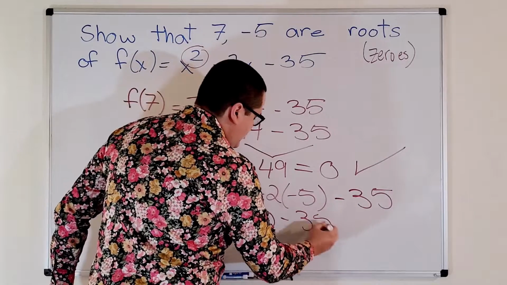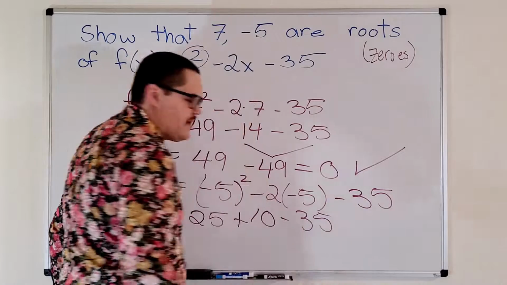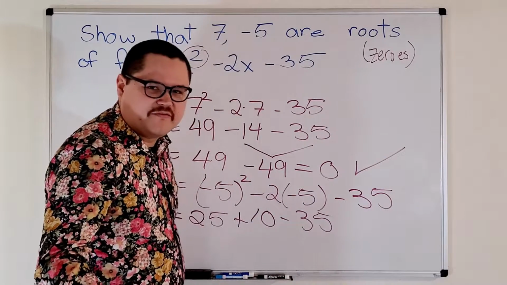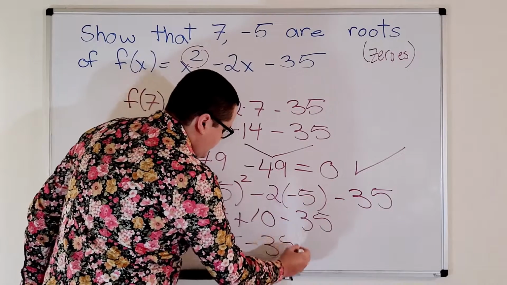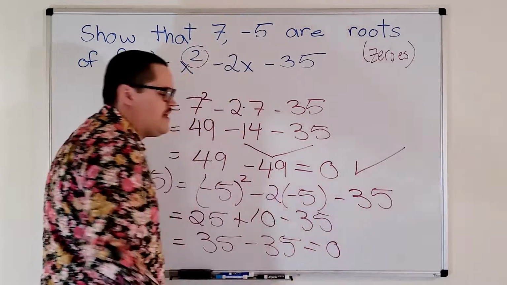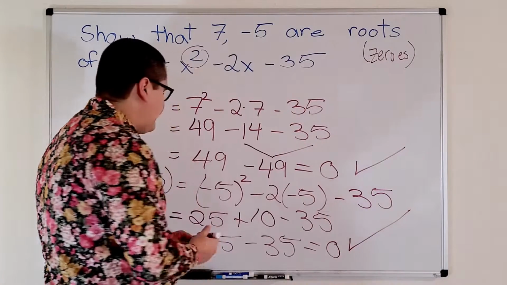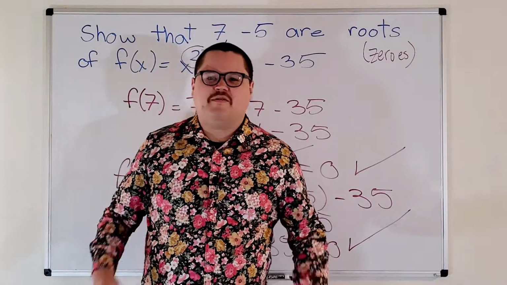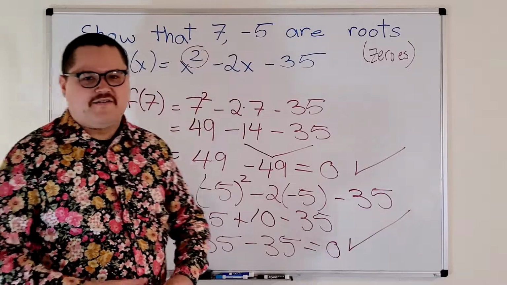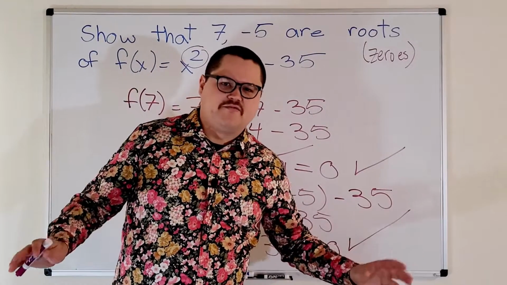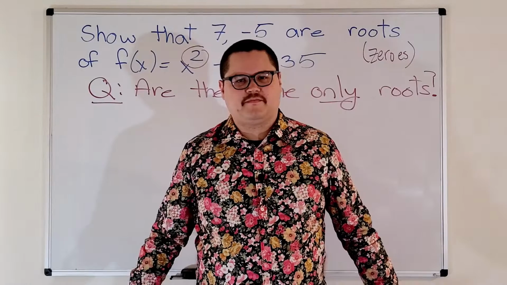So this is 25 plus 10 minus 35. Well, 25 plus 10 is just positive 35. So this is 35 minus 35, aka 0. All right. So at this point, we've shown that both 7 and -5 are roots or zeros of f of x, because when we plug them in, we get 0.